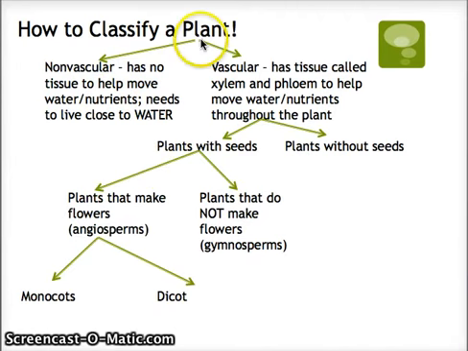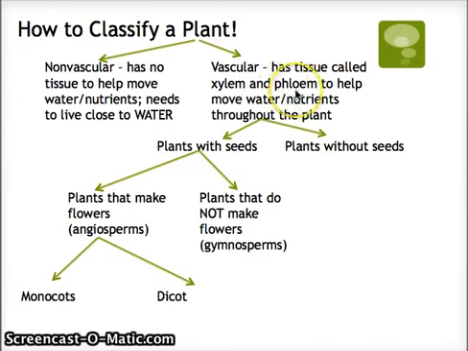Then our second way to classify plants is, obviously, if it has a vascular system. You either have one or you don't. If you do, you're going to have tissue called xylem and phloem. Xylem goes up the plant and moves water up the plant from the roots.